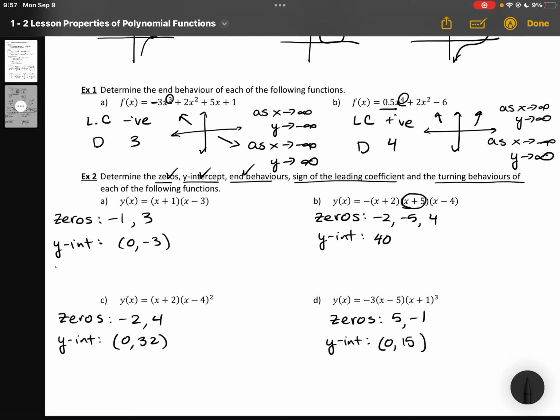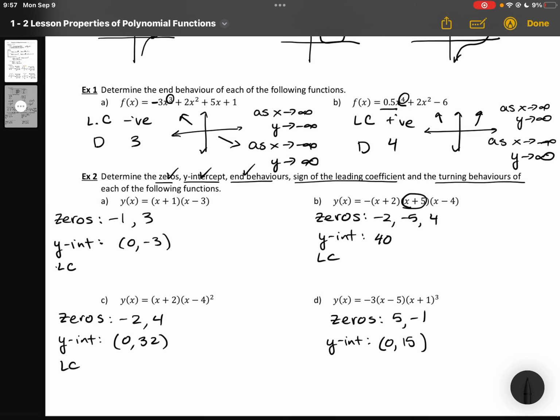Let's do our leading coefficient first, because that will help. So our leading coefficient in A is positive. Leading coefficient in B is negative. C is positive. And then D is negative.